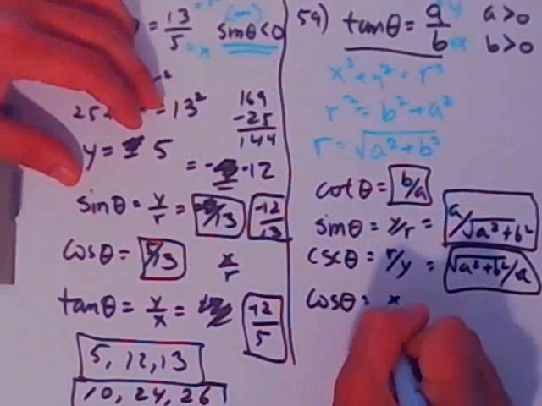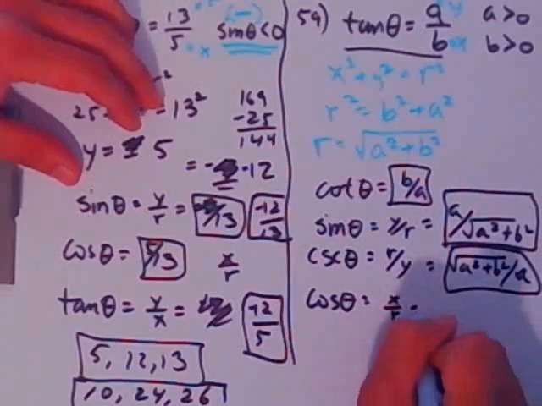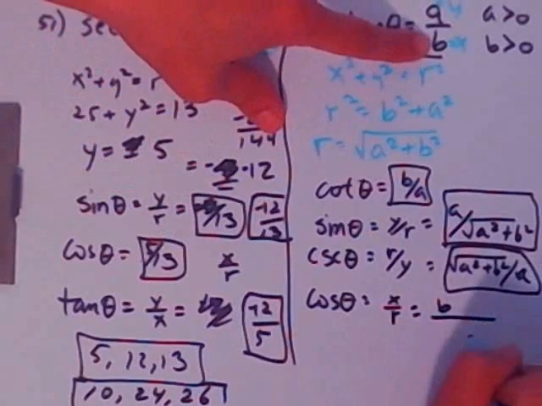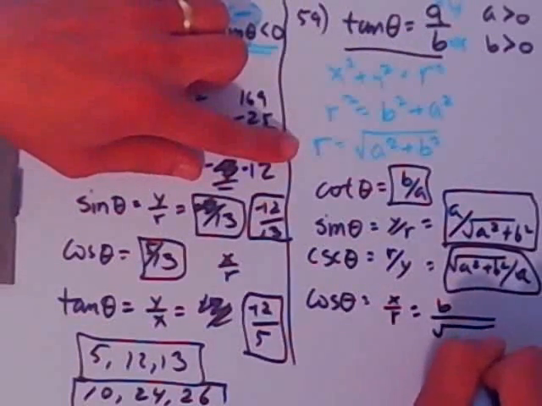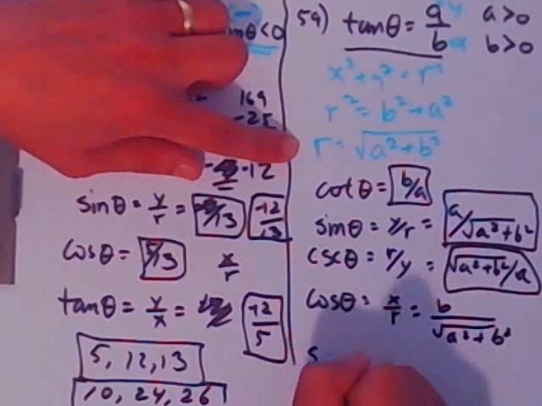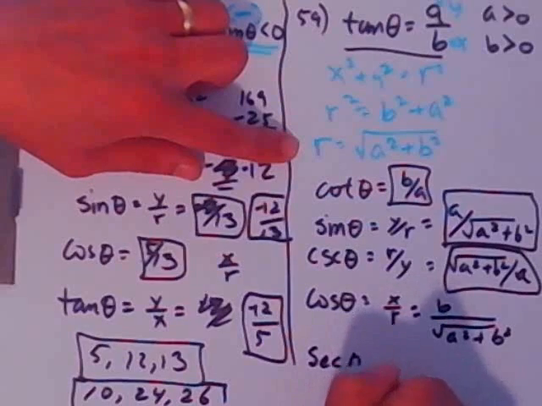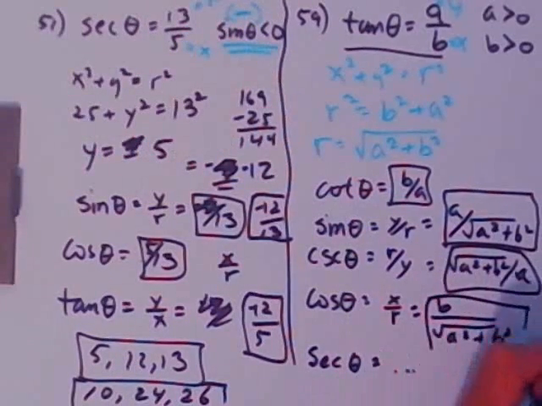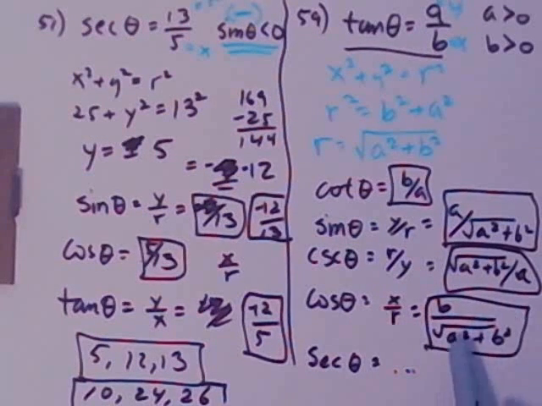It's going to be x over r, and the x value was right there, b divided by r, which is the square root of a squared plus b squared. And you can find the secant of that angle, and so on. I'm going to keep this right here. I'm not going to rationalize the denominator on this one, okay? This is the way a lot of books like to keep it. Keep the radical in the denominator.